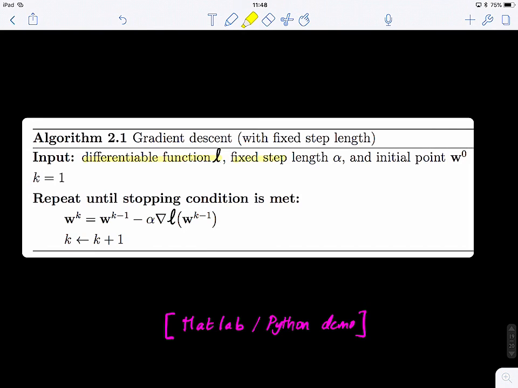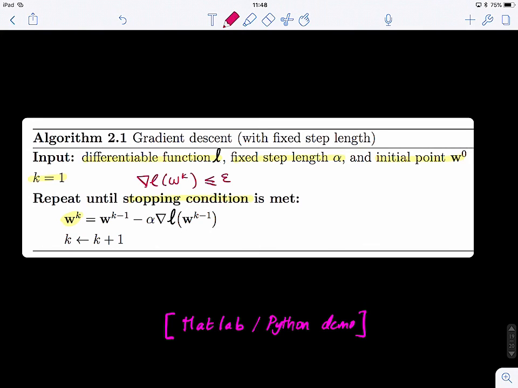And we have a fixed step length alpha and an initial point W0. So what we're going to do, we will repeat until the stopping condition, and the stopping condition is when the gradient of the loss at WK is smaller than an epsilon.